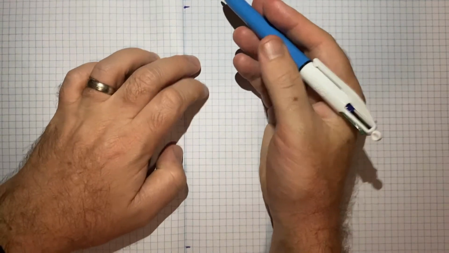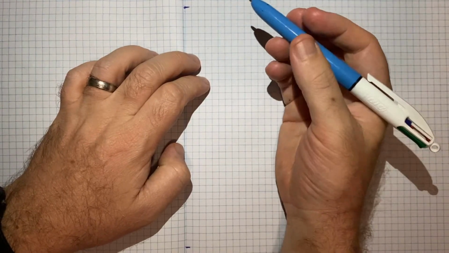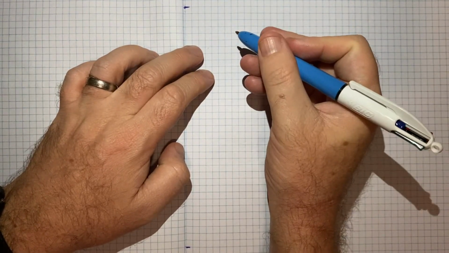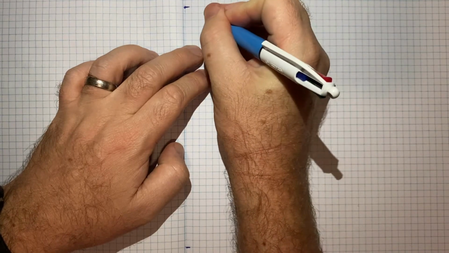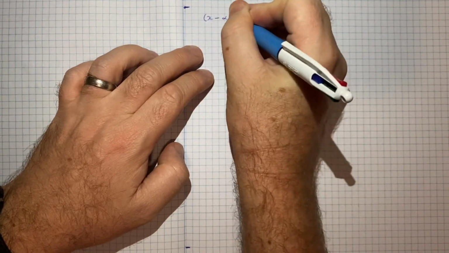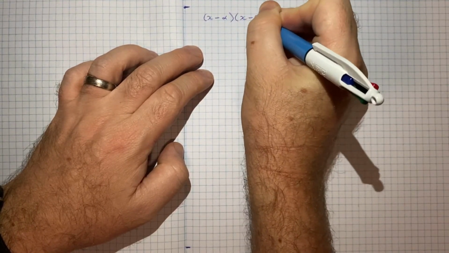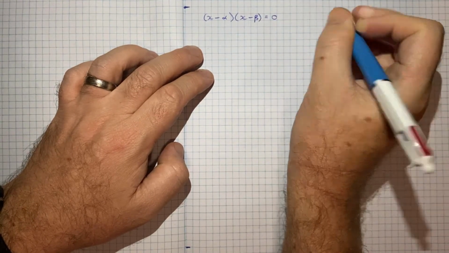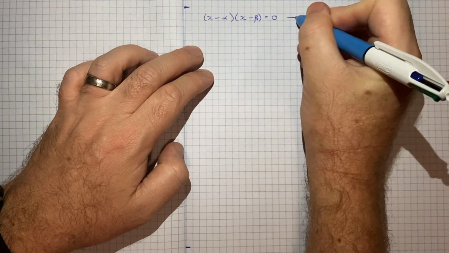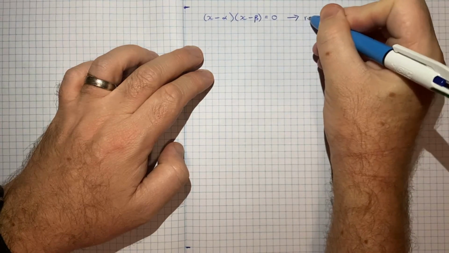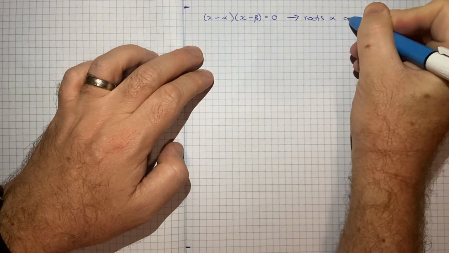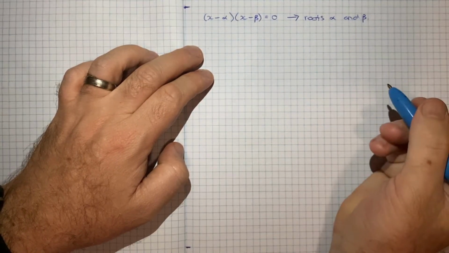So the approach I want to use here starts from the fact that any quadratic we can write as (x − α)(x − β) = 0. That equation will be a quadratic with roots of α and β.